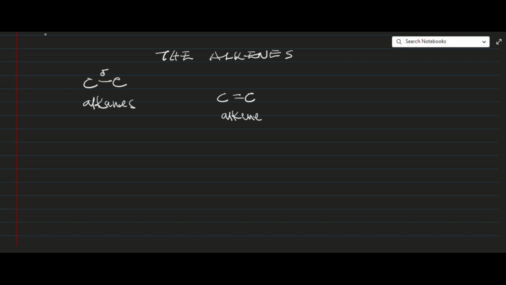But a carbon to carbon double bond means we have one sigma bond and one pi bond. The presence of the pi bond in the double bond makes them much more reactive than alkanes. So alkenes are more reactive than alkanes because of the double bond.